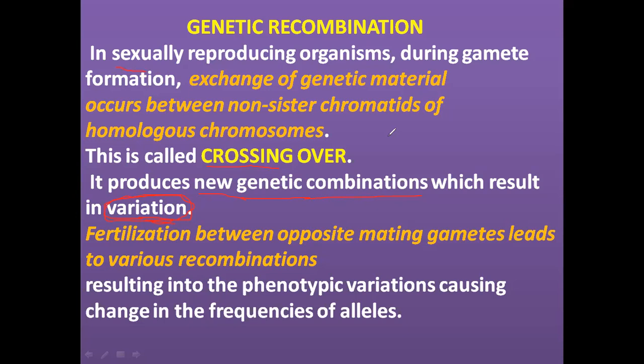There are different types of asexual reproduction. We cannot see this type of recombination. You had studied in your previous topic the difference between asexual reproduction and sexual reproduction. Fertilization between opposite mating gametes leads to various recombinations, resulting in phenotypic variation.